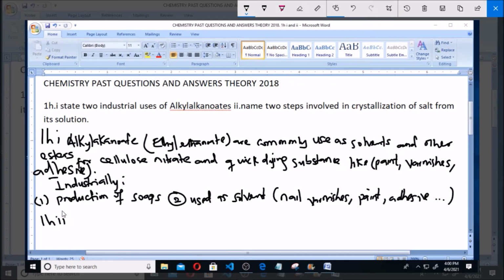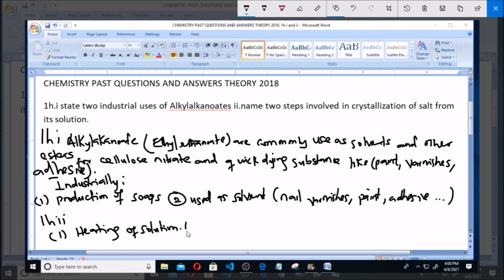Then question number 1H from figure 2. We have to name 2 steps involved in the crystallization of salts. And the 2 steps are number 1, heating of solution. So by heating solution, we are trying to remove the water.